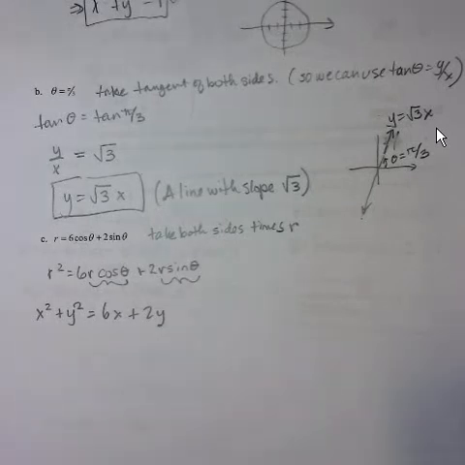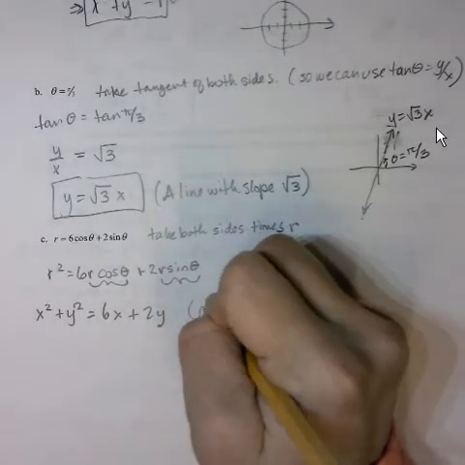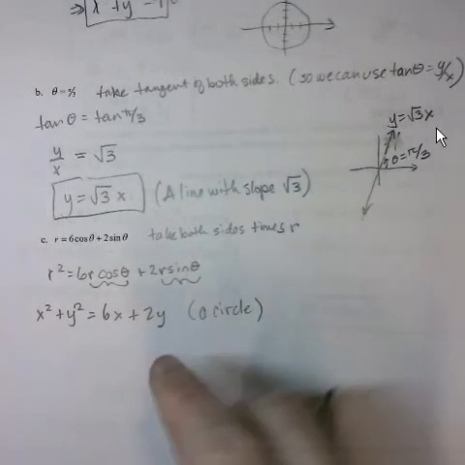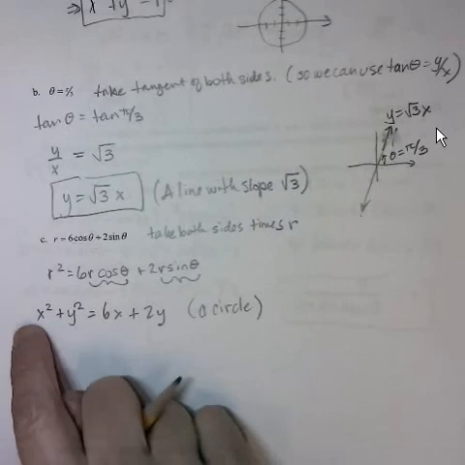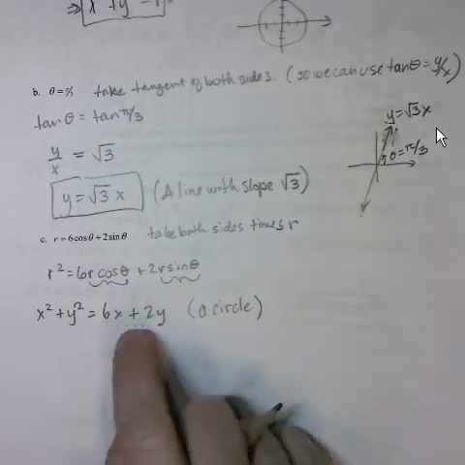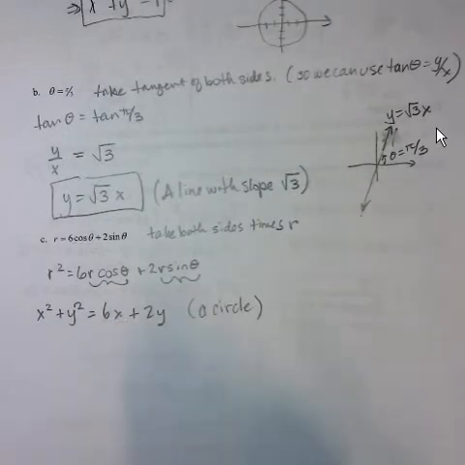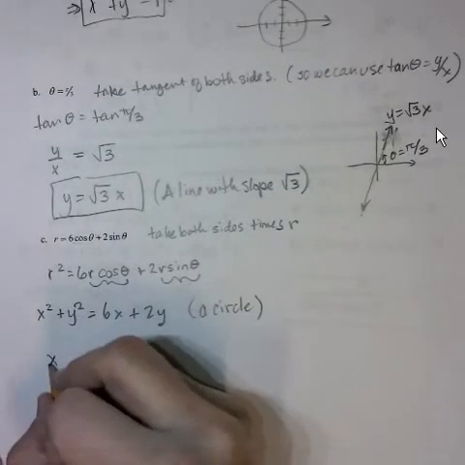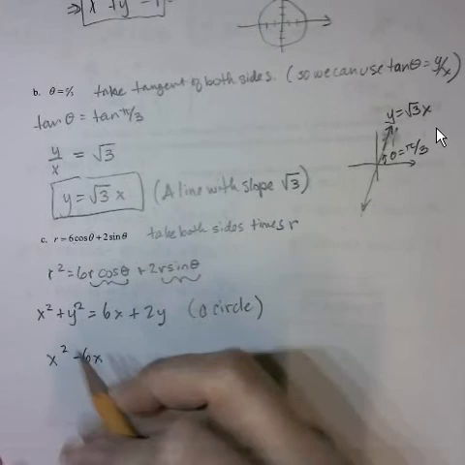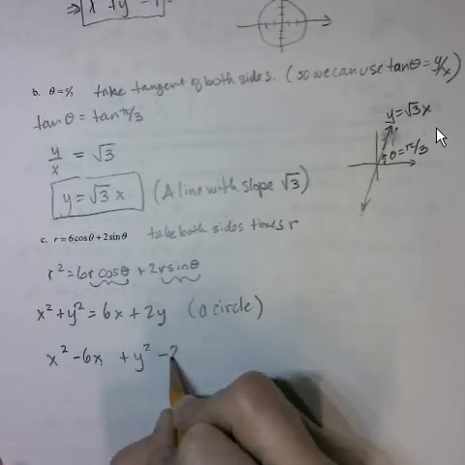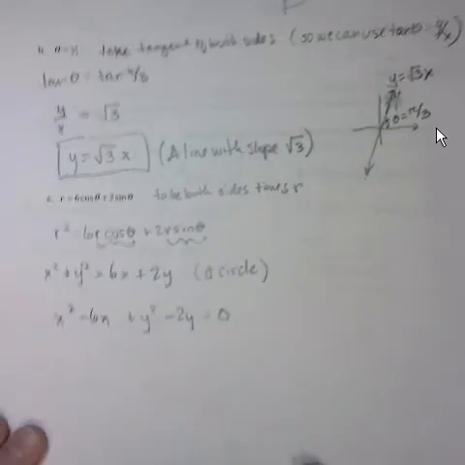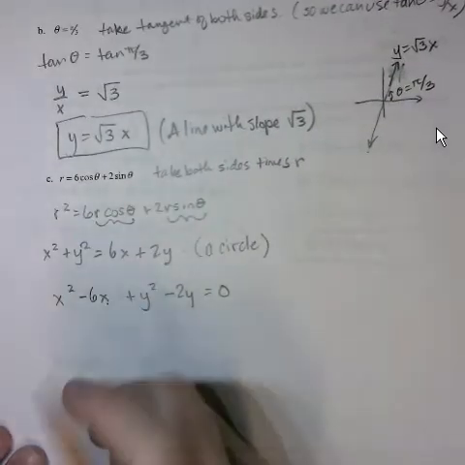You don't recognize that, which I know because I have an x squared term and a y squared term, and they both have the same coefficient, and then the x term and the y term just mean that this isn't centered at the origin.